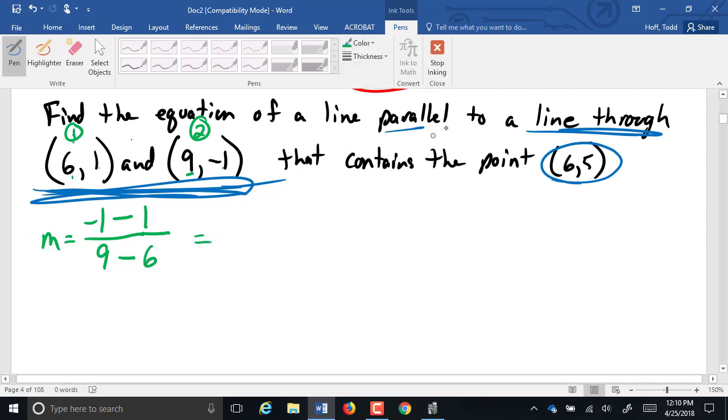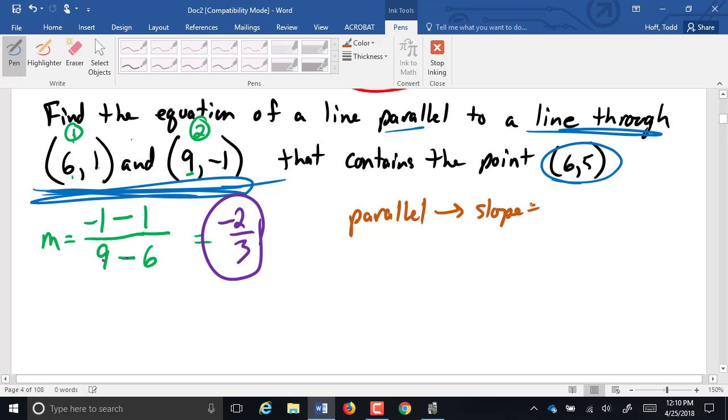So we subtract there, -1 minus 1 is a -2, 9 minus 6 is 3. That can't be reduced, so we have a slope of a -2/3. Our parallel has a slope that is the same. It'll be -2/3.